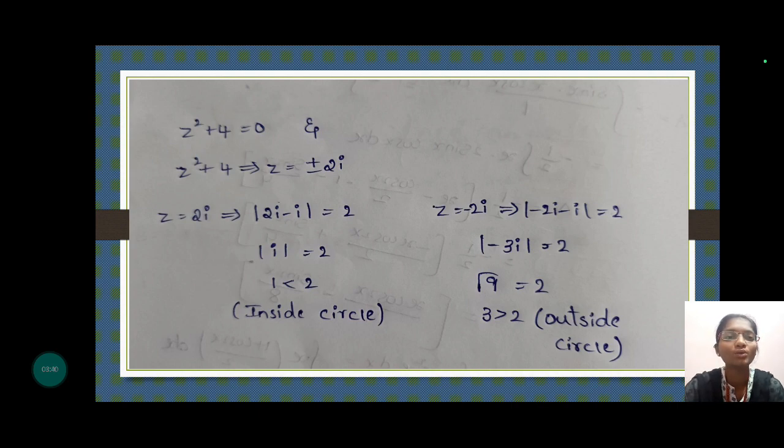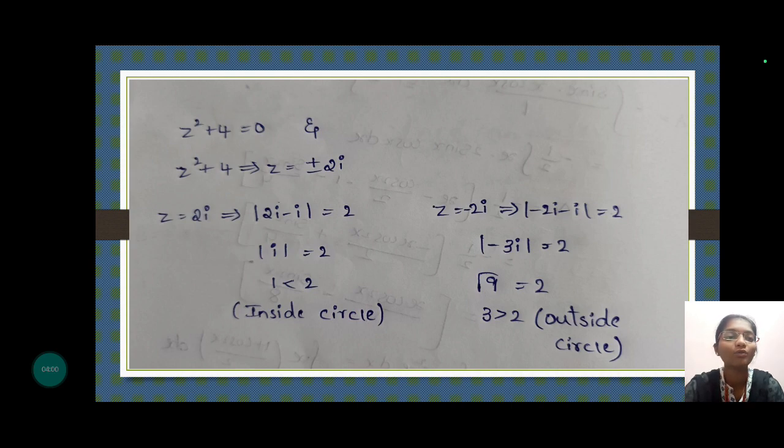For z equals 2i, modulus of 2i minus i equals 1, and 1 is less than 2.